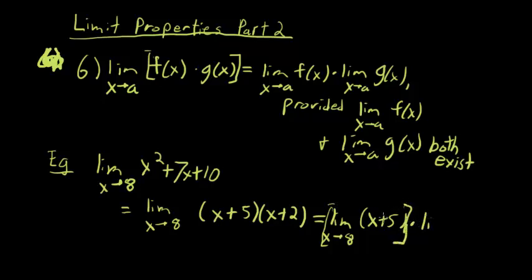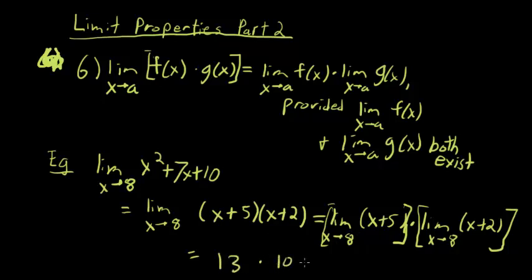So evaluating that, the limit as x tends to 8 of x plus 5, and multiply that by the limit as x tends to 8 of x plus 2. So we have 8 plus 5 is 13 times 8 plus 2 is 10.